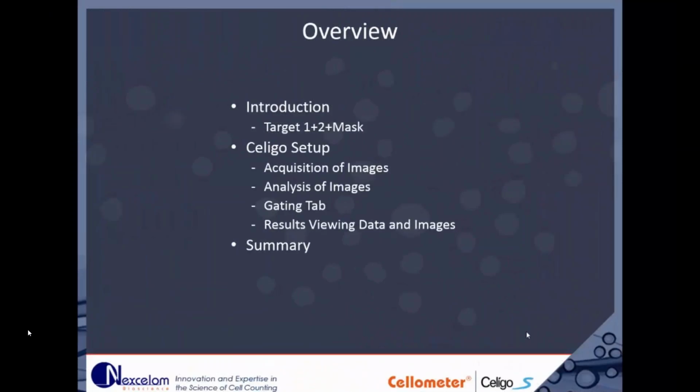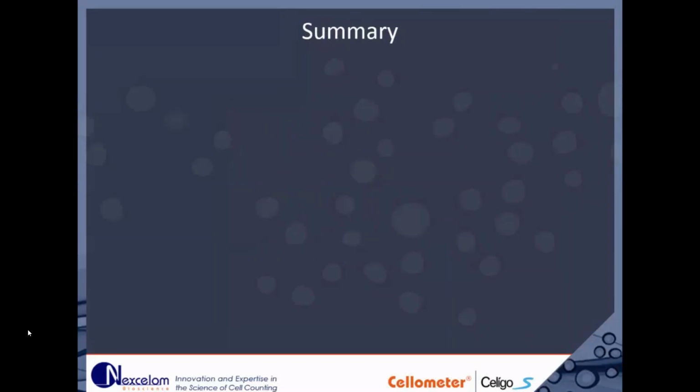Okay, so what we've covered so far in the presentation, or the video training, is the new application Target 1 + 2 + mask, and how you can use the nuclei Hoechst staining as your object identification, and then look in the other two channels.